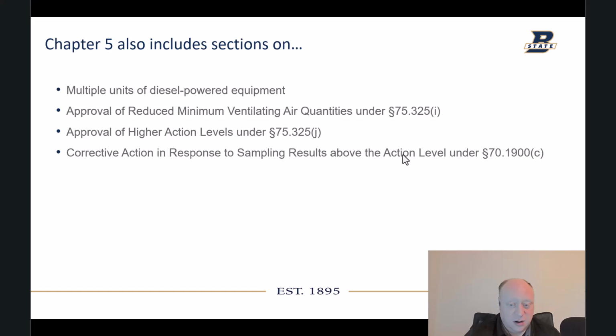70.1900C. I'm not sure exactly what the action level is for that, but what you see here is, one, you can get approval for reduced minimums, approval for higher action levels. This goes for roof control plans too, okay?